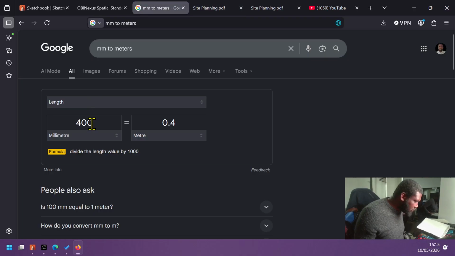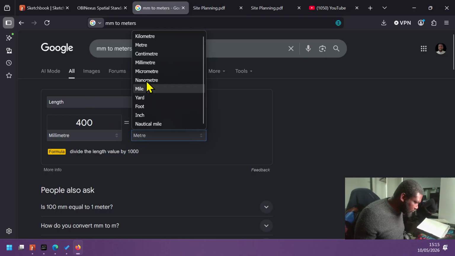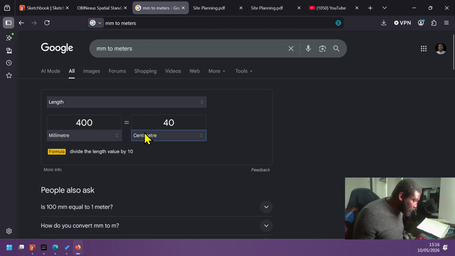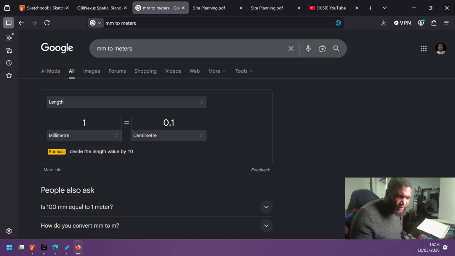So let me just control this millimeters to centimeters again. That'll be 40 centimeters, 400 millimeters. That'll be 4,000. No, it's 400 centimeters.